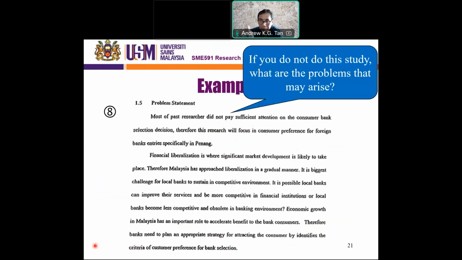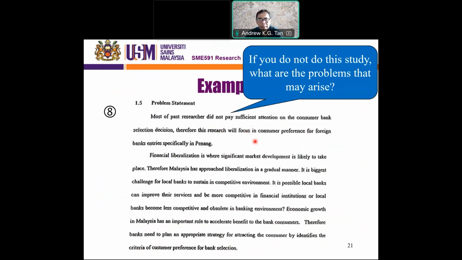Maybe it's a good topic here because the researcher has identified that previous researchers did not pay sufficient attention on consumer bank selection decisions. "So here, this research will then focus on consumer preference for foreign bank entries, specifically in Penang." This is somewhat like an objective already, this second part of the sentence here, not so good. I would take it out.